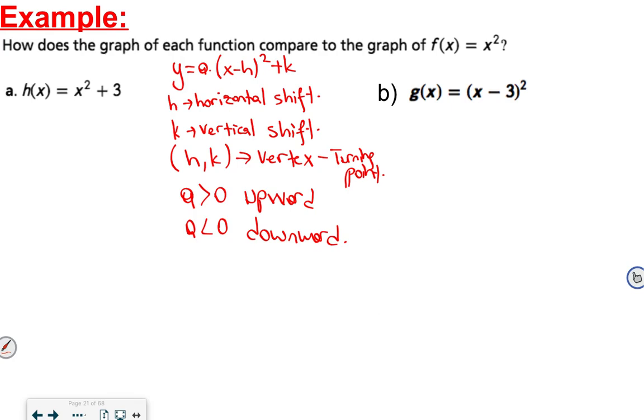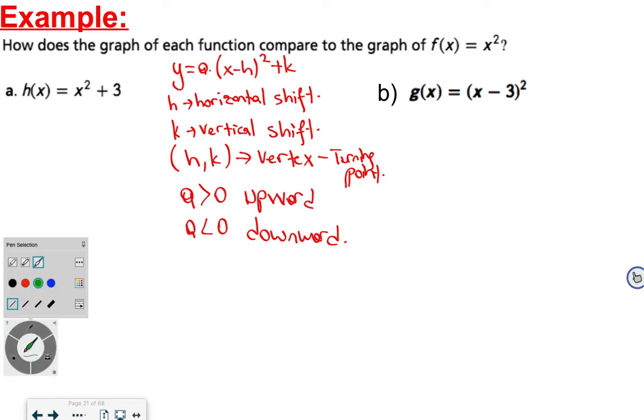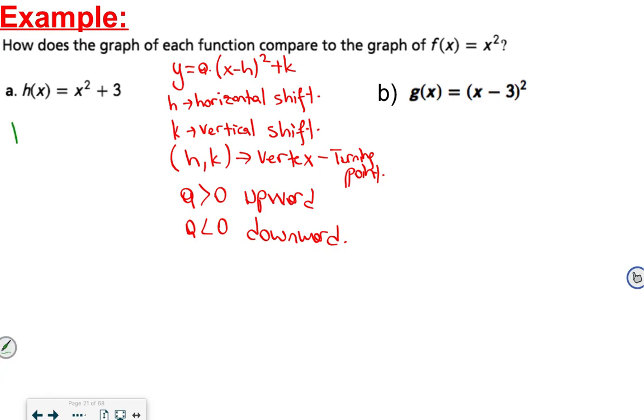Whatever function you have, you will compare with the main function f of x is equal to x squared. Let me try to write h of x in the vertex form. According to vertex form, x minus 0 squared plus 3. Can you please tell me what is the h here? H is 0, which means there is no horizontal shift.